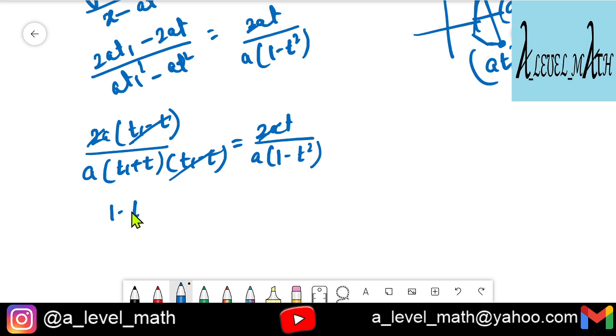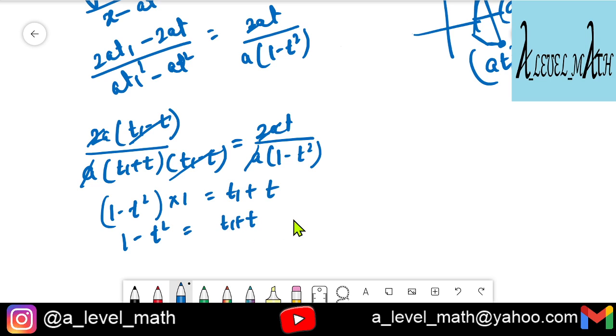So I have 1 minus t square, and a can also be cancelled out. 1 minus t square times 1, because there is nothing left over here, and here we have t1 plus t. Alright, so we have 1 minus t square is equal to t1 plus t.